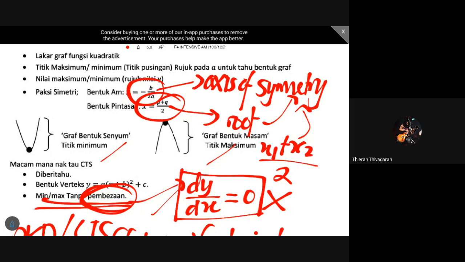Sama ada kaedah PKD or CTS. If the question is open, you can choose which one to use. You can choose to use differentiation if you like. You can choose to use completing the square if you like. Okay guys, can you understand my point here? Boleh dapat tak apa yang saya sampaikan kat sini? Yeah, all depends on the question. Kena bergantung pada soalan.